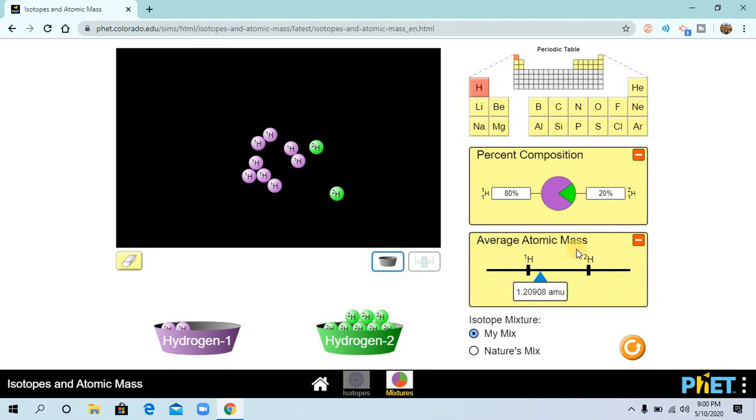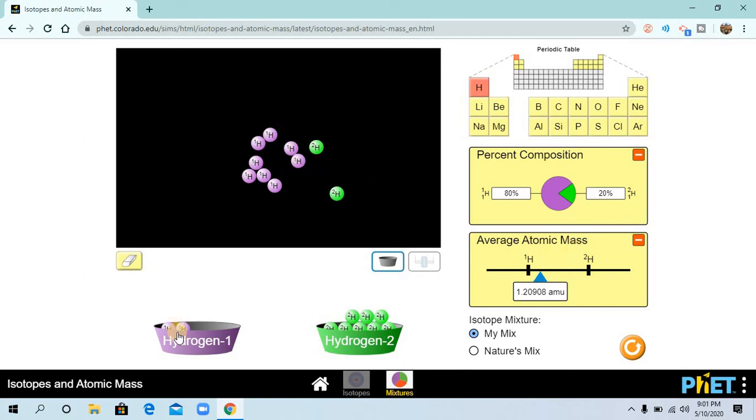The average atomic mass is calculated from the percentage compositions, and finally that's the atomic mass of that particular atom. If you talk about hydrogen, the average of hydrogen-1, hydrogen-2, and hydrogen-3, along with the percentage compositions, is the atomic mass of hydrogen.